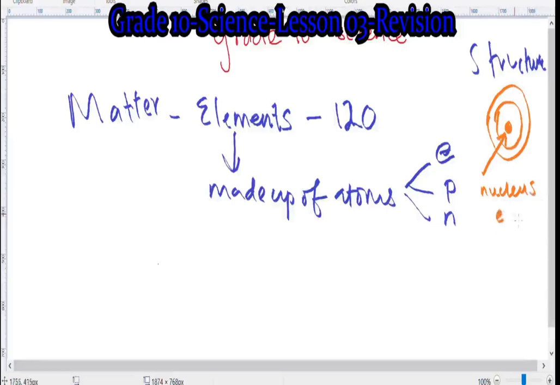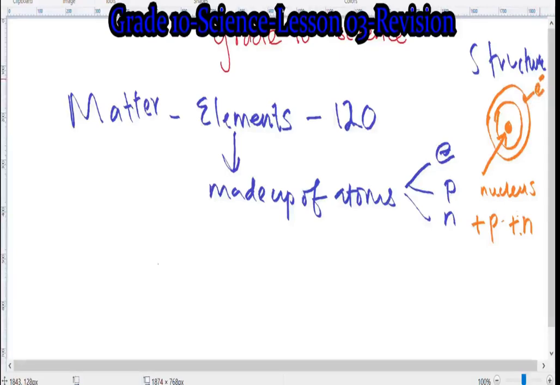In the nucleus you have protons and neutrons. Protons are positively charged, neutrons are chargeless. And then around the orbits you have electrons, which are negatively charged.